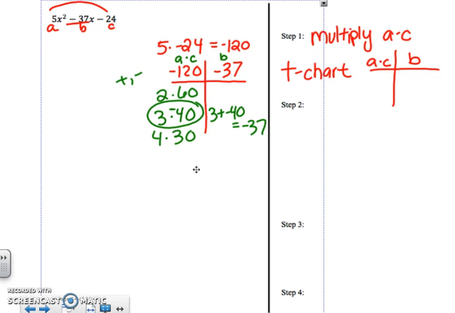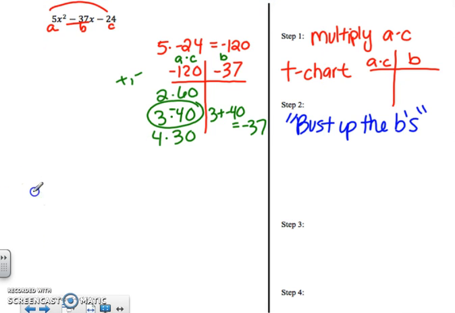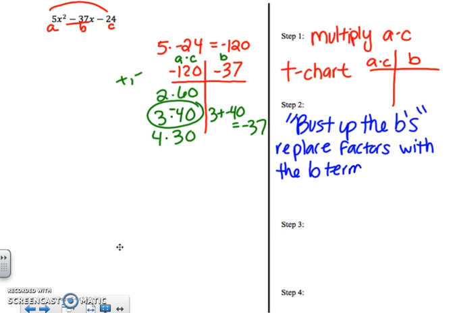So once you find your t-chart answers, step 2 is called bust up the b's. Give it that cool fun term so you remember it. What you're going to do is replace your b term with your factors. And do not forget that you're going to add variables.